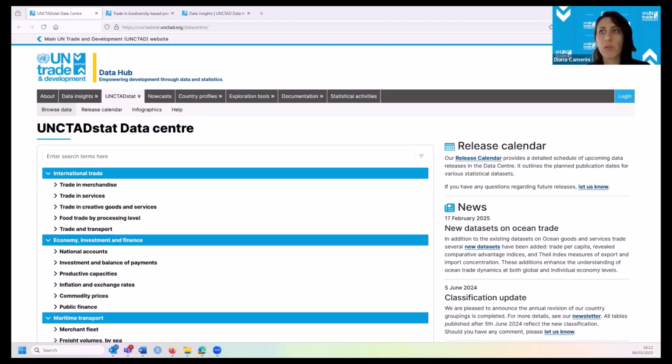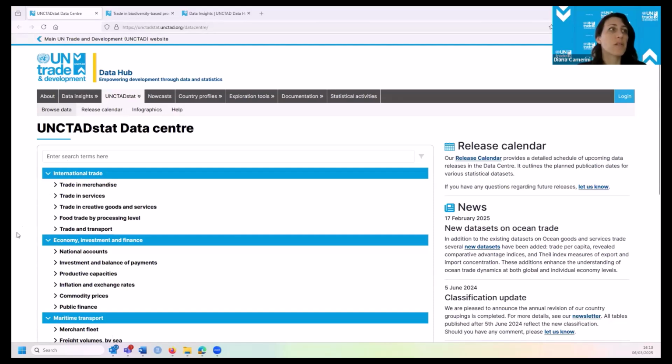The second pillar of TraBio is free access data on trade flows and market indicators on biodiversity-based products, which are included in the classification. And you see in my page here, UNCTAD Stat DataCentre.